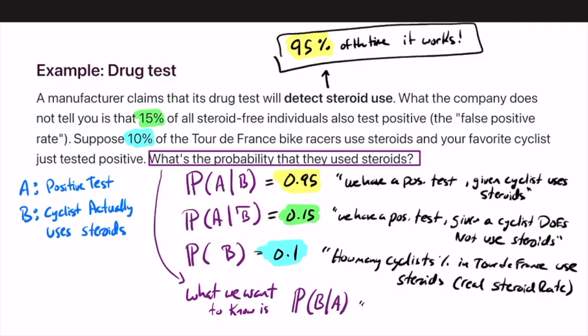And maybe let's just rewrite this a little bit. Real steroid rate.